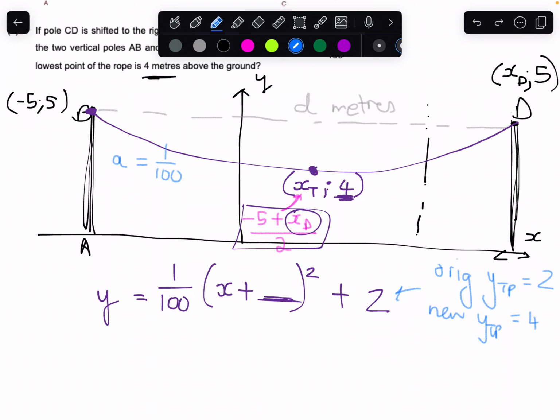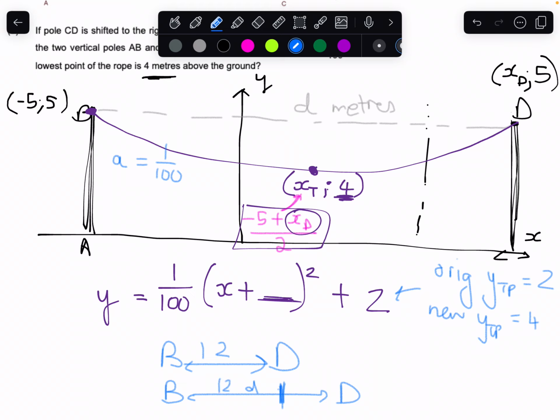And I wanted to come back to this because we know that originally the horizontal distance between B and D was 12. And now the new distance is going to be D. So that means there has been an extension.